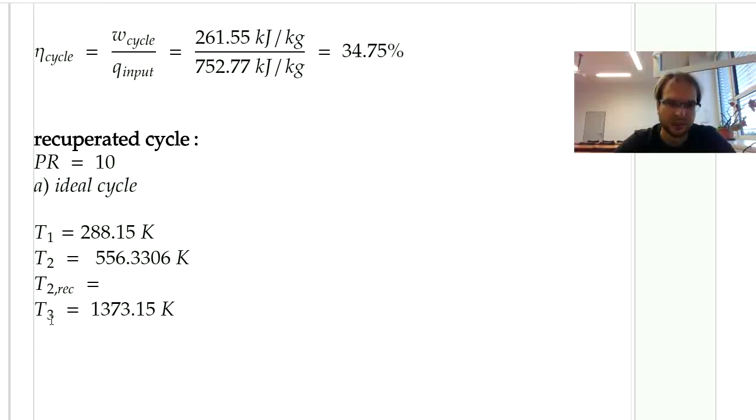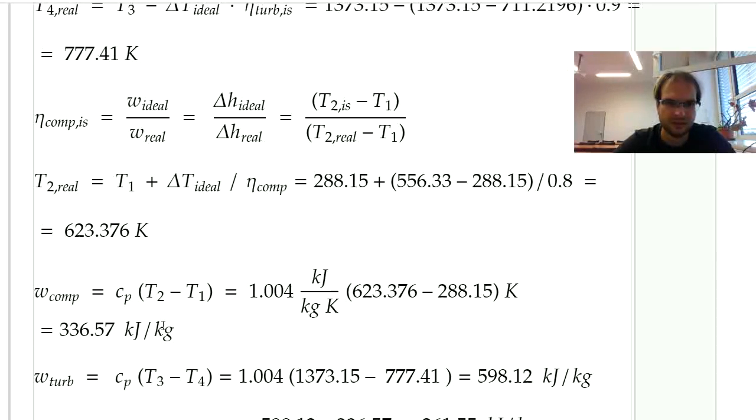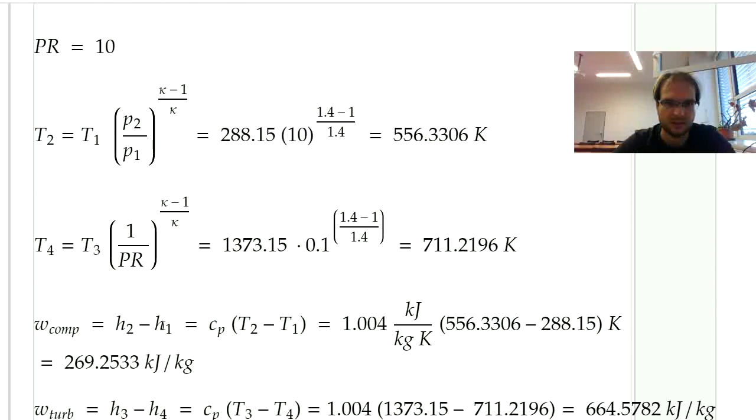The turbine operates between the temperature T3 and the pressure given by the pressure ratio, that remains the same, and the ambient pressure, which also stays the same. So temperature T4 remains the same as also in the previous task. And the temperature 4 was 711 kelvins.